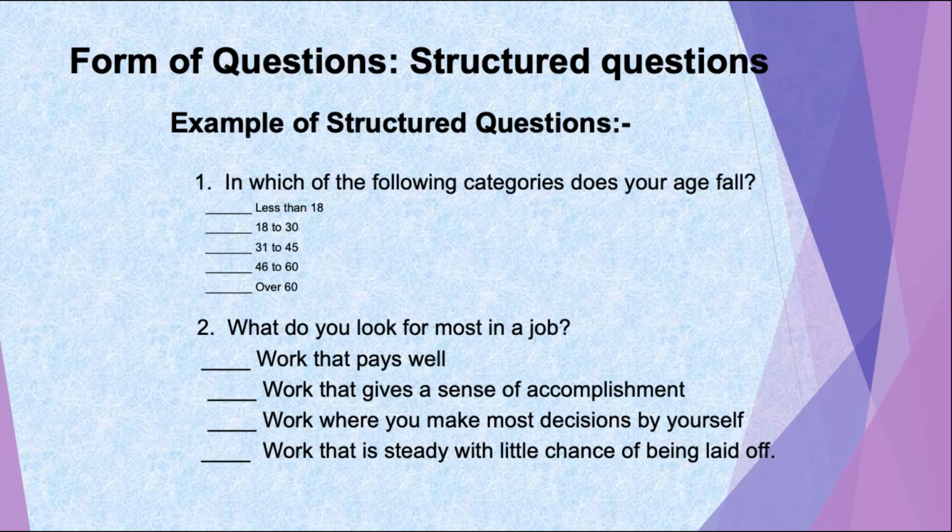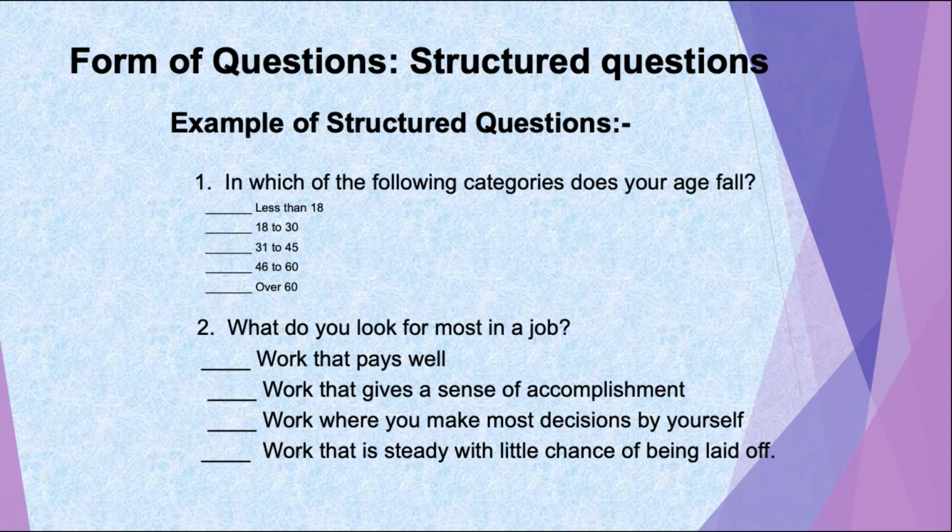Now we talk about the second type, which is structured questions. An example of a structured question: in which of the following categories does your age fall? Instead of saying how old are you as before, we give less than 18, 18 to 30, and so on. Or what do you look for most in a job? Instead of keeping it open, you give them work that pays well, work that gives a sense of accomplishment, work where you make most decisions by yourself, or work that is steady with little chance of being let off.